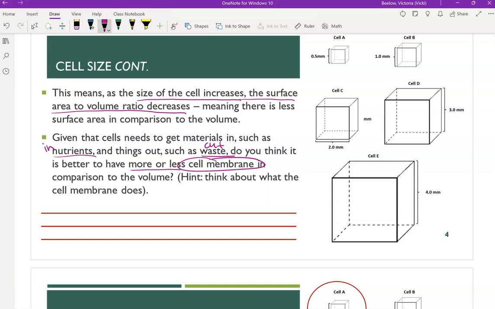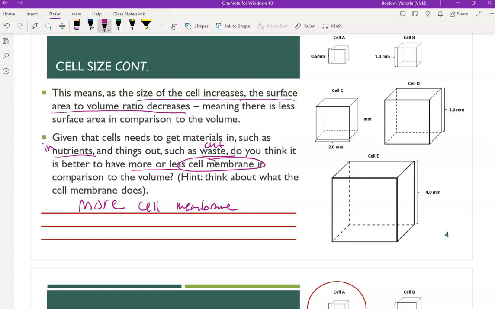So you would want to have more cell membrane in comparison to your volume, because the cell membrane is going to control what goes in and out. So if you have more cell membrane, you have more ways to get things in and out.